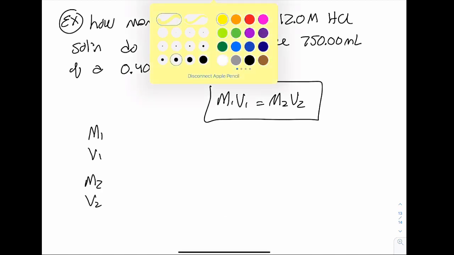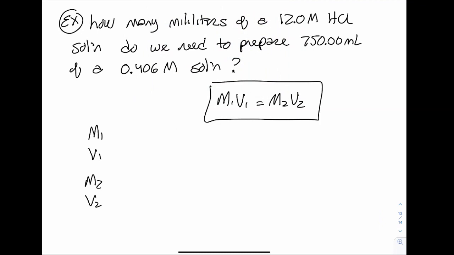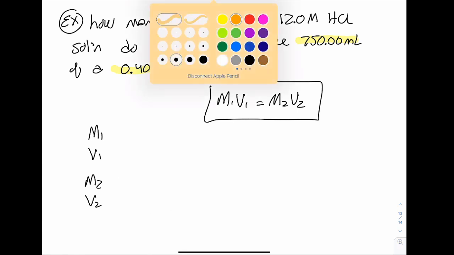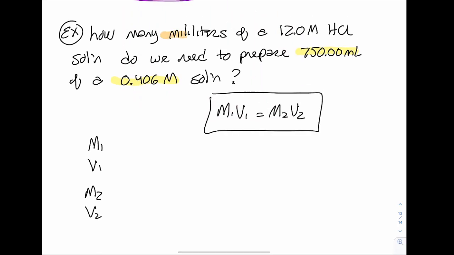And just like before, it doesn't matter which are the ones and which are the twos, you just need to keep those pairs together. So the second part says we're going to prepare 750 milliliters of a 0.406 molar solution. So those two go together, and then how many milliliters, so that's unknown, and then the 12 molar, so those are going to go together. I'm going to make the 12 molar my M1, but again, feel free to make it M2.